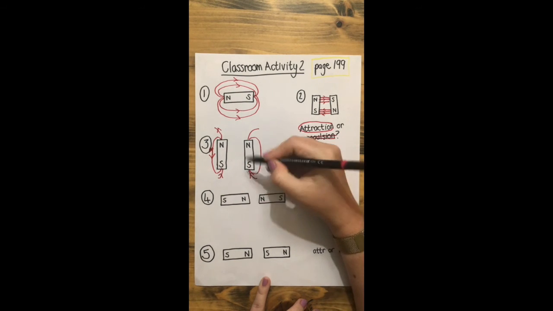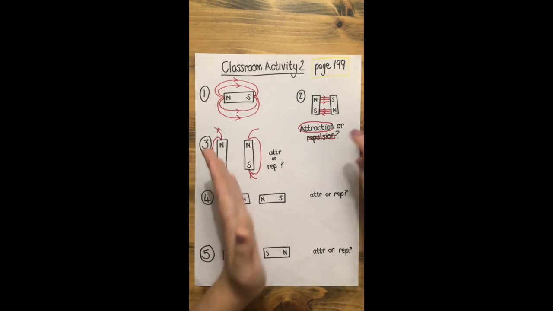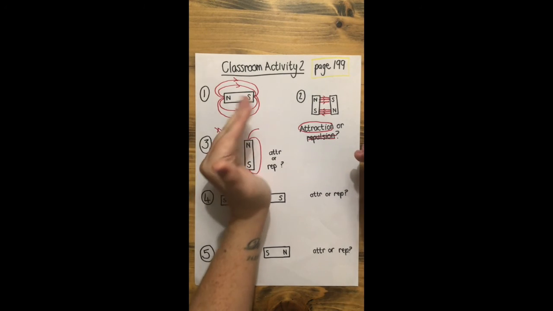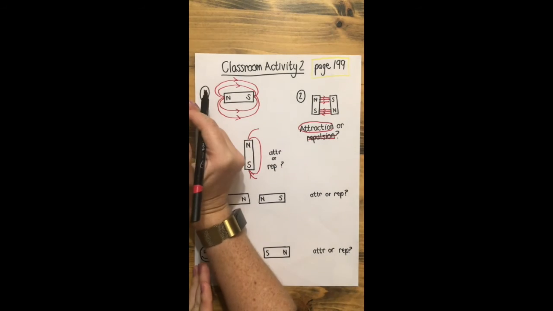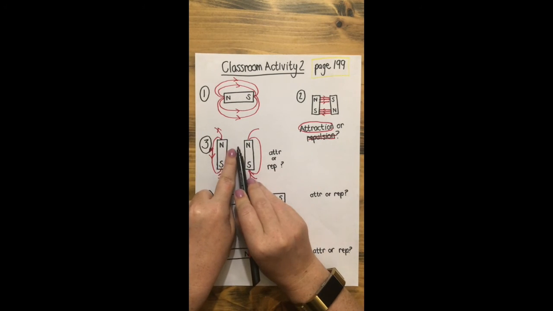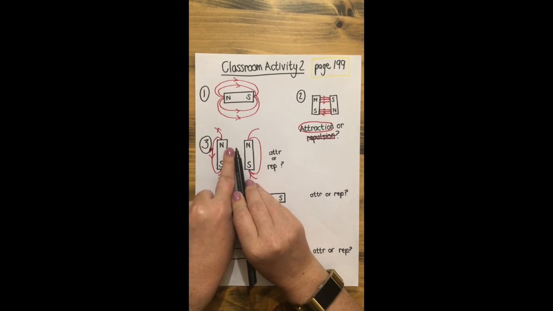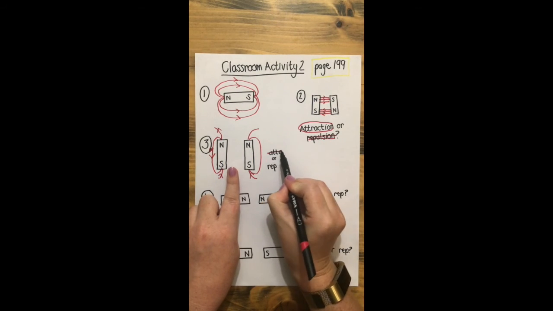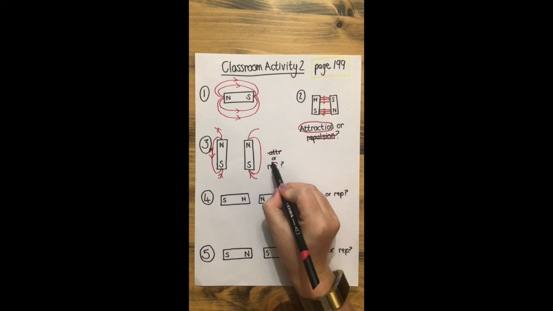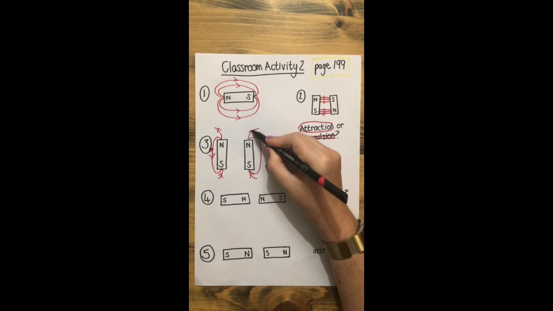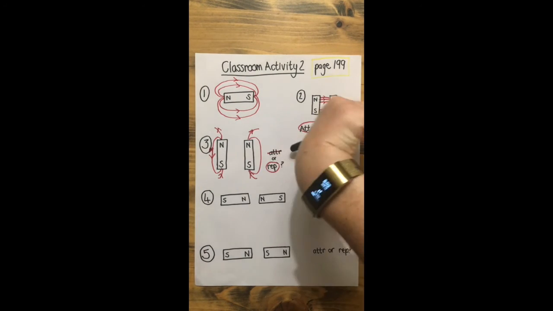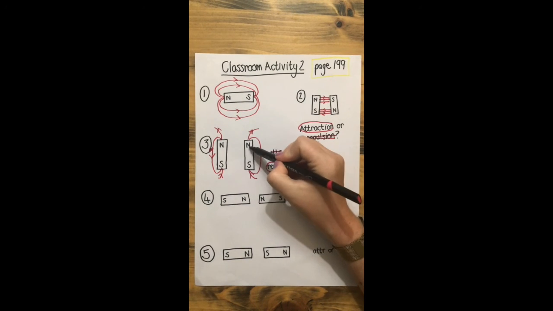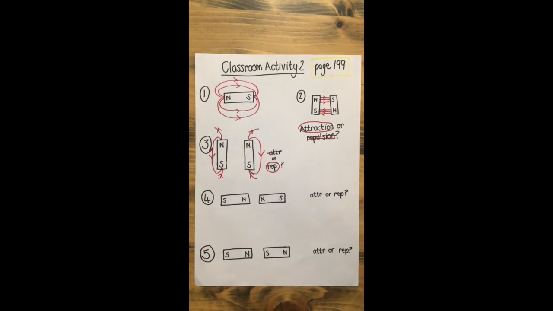So the magnetic field here should be moving around that way. It would move that way and that way. You've got two like poles next to each other. Therefore, they will not attract each other. They will repel. So this magnetic field would be deflected away because they are like poles.